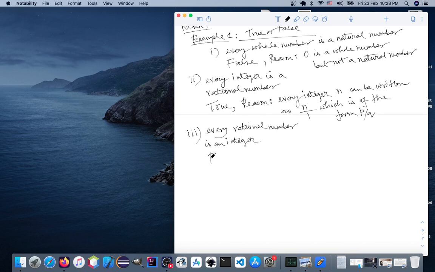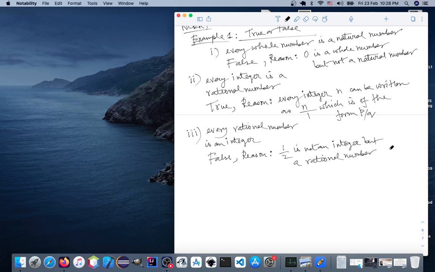This is obviously false, because half is not an integer but a rational number.